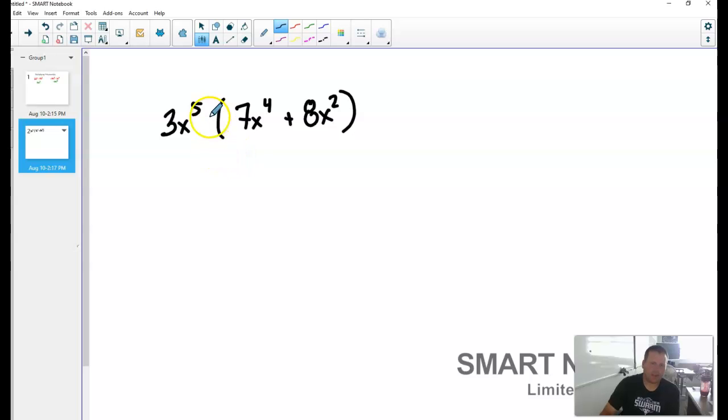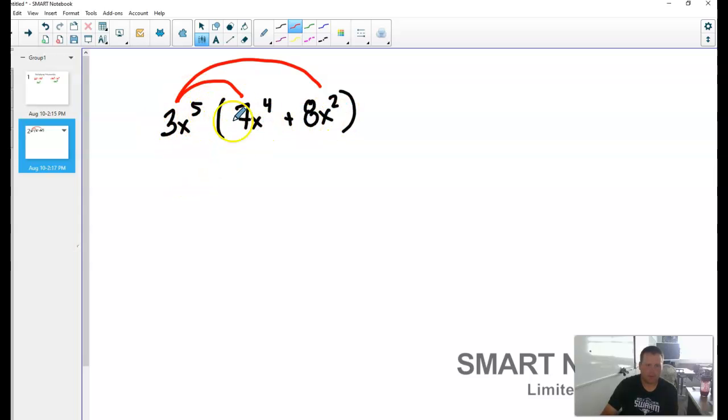I know this is multiplying because there's no sign in between. I could put a dot there, and that would indicate that I'm multiplying, but you should know that if there's no sign there, it's multiplying. I want to multiply this to both things because of this addition here. So I have to multiply to these two together and the next two together. They call this distributing. We're distributing this 3x to the 5th to both of these.